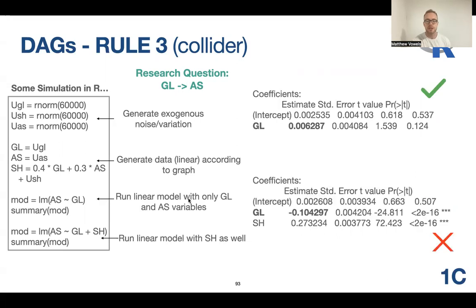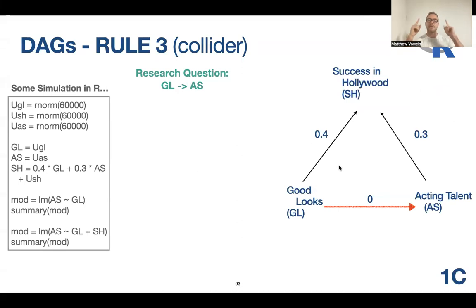If we do condition on success in Hollywood, we actually induce a negative correlation between good looks and acting talent. And actually, this tends to be the case. If you have two variables which jointly cause a collider, and these relationships are positive, conditioning on the collider will induce a negative relationship between them.